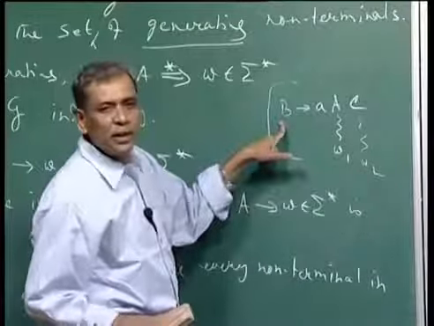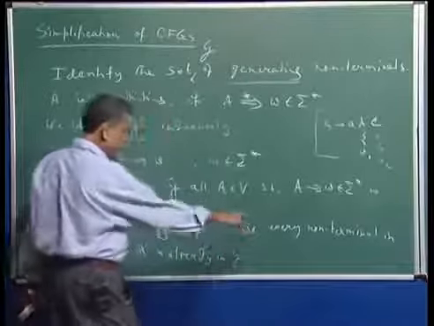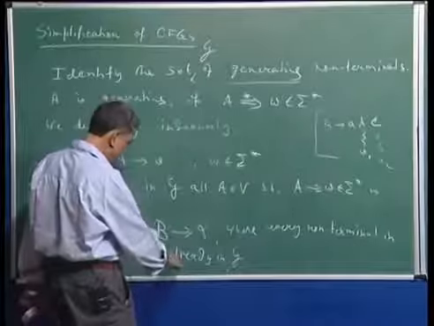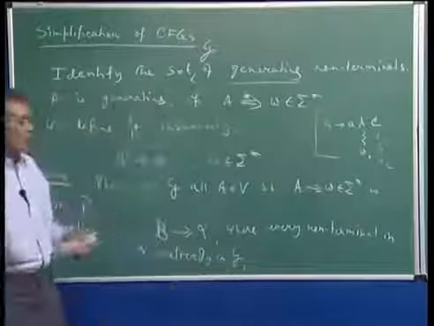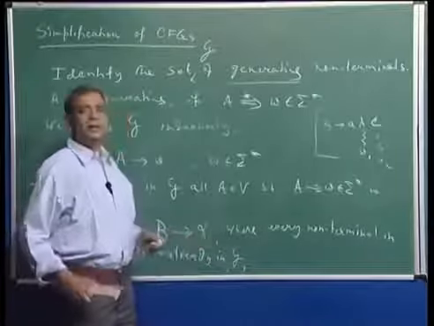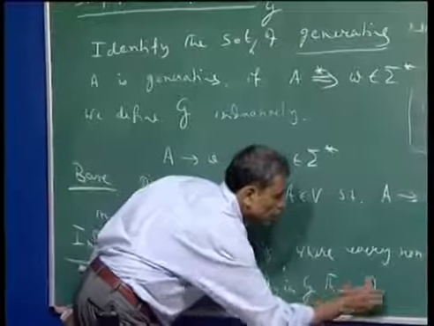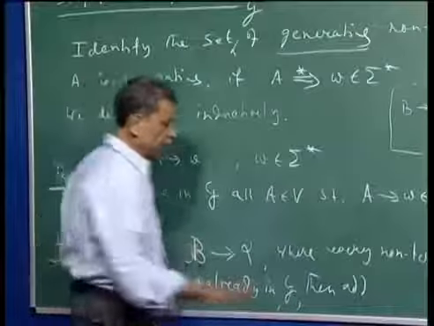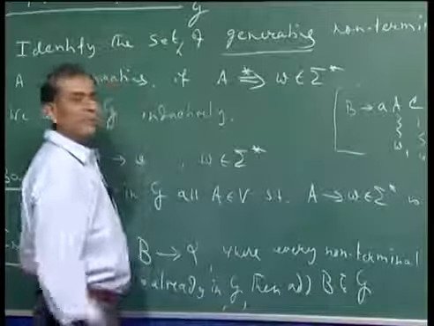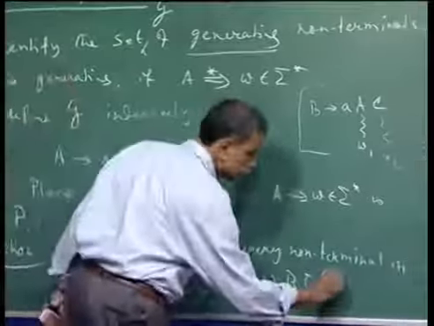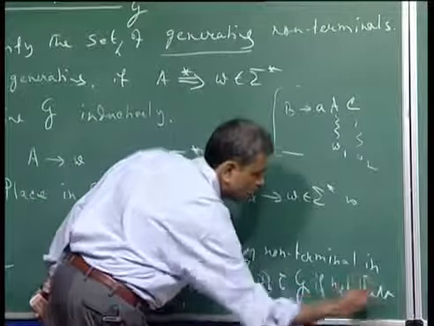Therefore, B will also be generating, where every non-terminal in alpha is already in G. That means we have already found every non-terminal in alpha to be generating. Then add B to G if it is not already there.